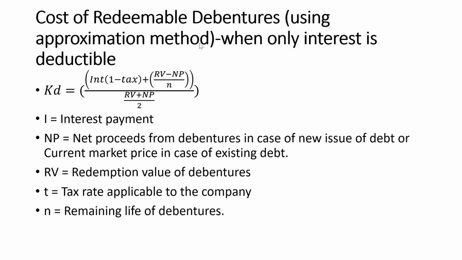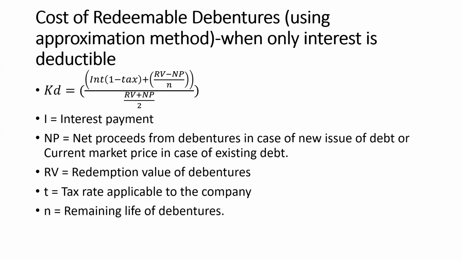This is the formula of cost of debt using the approximation method, when only interest is deductible. Here I is the interest and NP is the net proceed from the debenture.